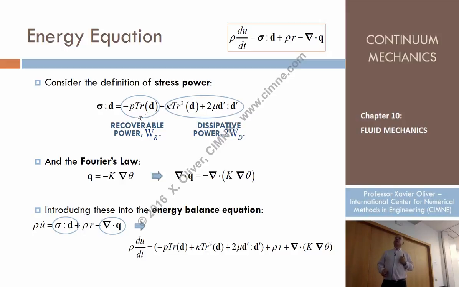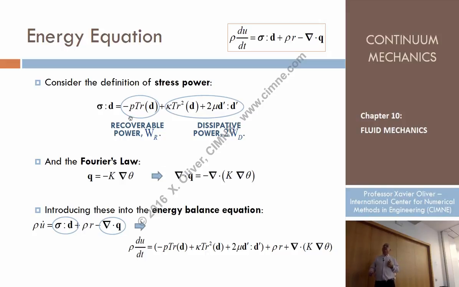That is what we call the recoverable power and the dissipative power. And then Fourier's law looks like that, q equals minus k gradient of theta, then whenever we have here the divergence of q, we have to compute the divergence of k gradient of theta.